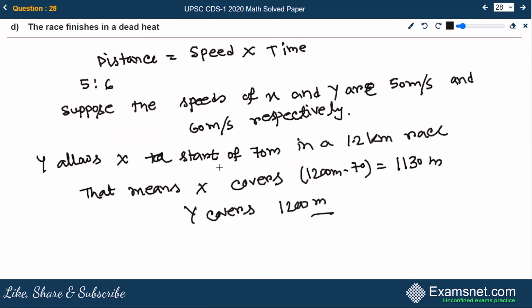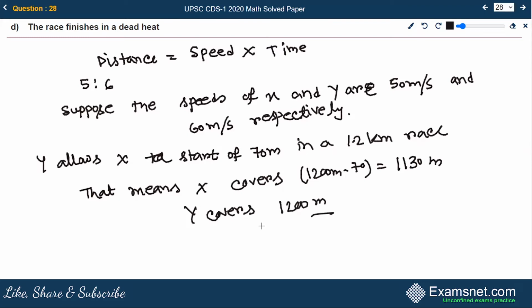Y allows X a start of 70 meters. That means X can start and cover the distance of 70 meters before Y starts the race. So when both of them start the race, X has to cover 1130 meters and Y has to cover 1200 meters.